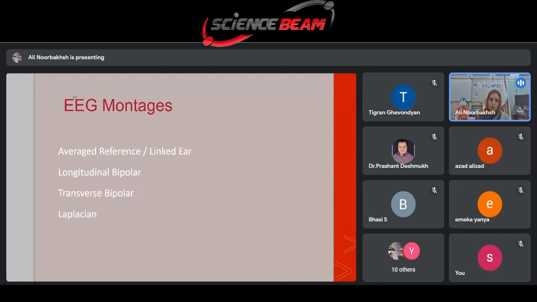Most often bipolar and referential montages are used for routine EEG, you know that. It's important for EEG, but for QEEG or quantitative EEG, linked ears is very important. It's often used for QEEG recording.